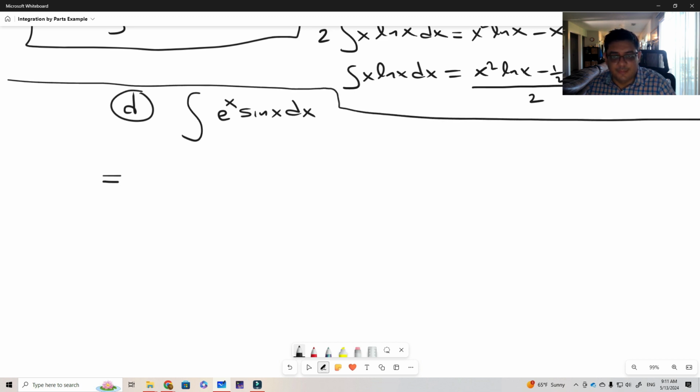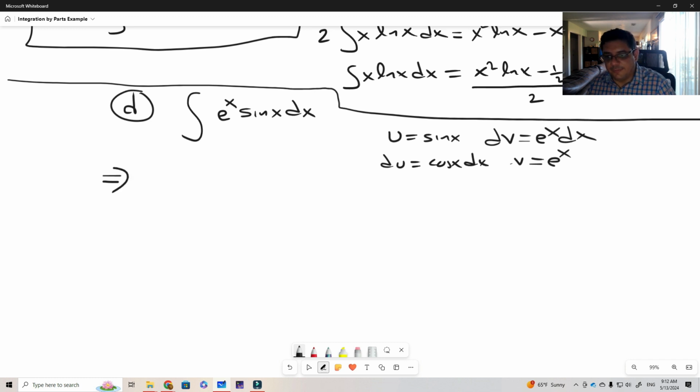Again, dv is e to the x. I can use that one because it's very easy to integrate, so v will be e to the x again, the integration of this. And I can use u equals sine of x, and so du becomes cosine of x dx.